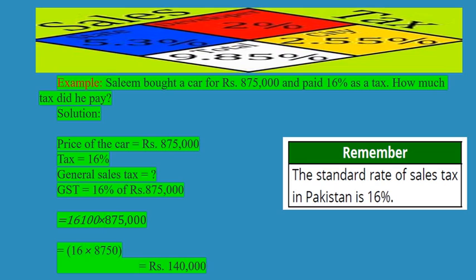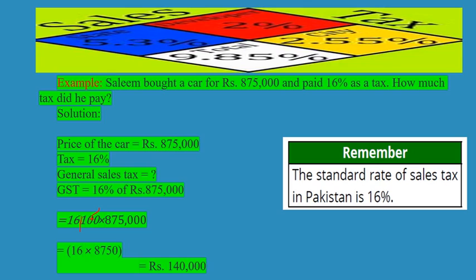GST we are going to find out. General sale tax 16% of rupees 8,75,000. 16% can be written as 16 divided by 100 of, convert into multiplication.